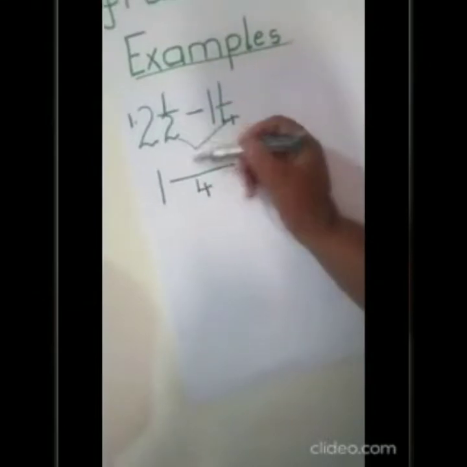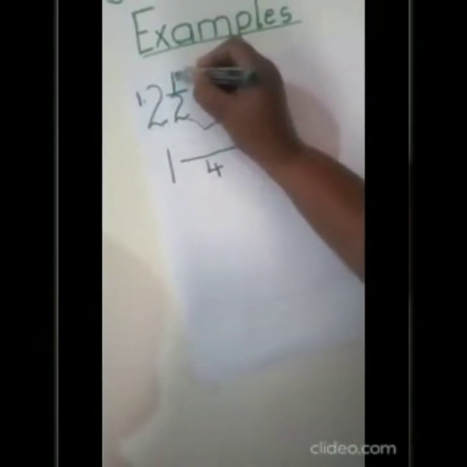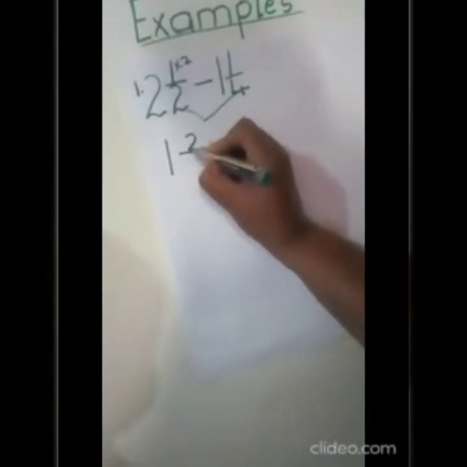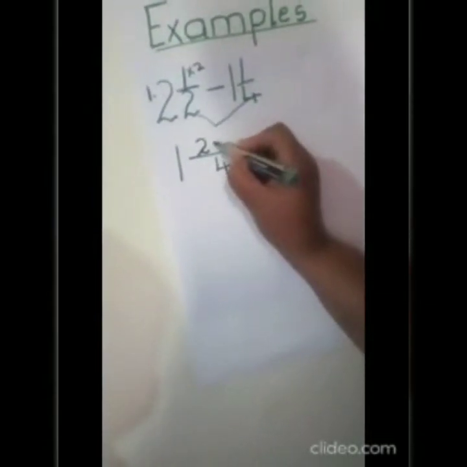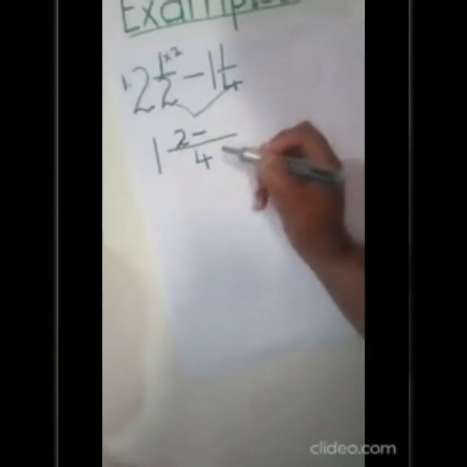Then we say 2 into 4. We get a 2. We multiply the 2 by 1 here, then we write it on the line. 2. We write our sign, then we say 4 into 4. We get a 1. Meaning 4 into 4 is 1.